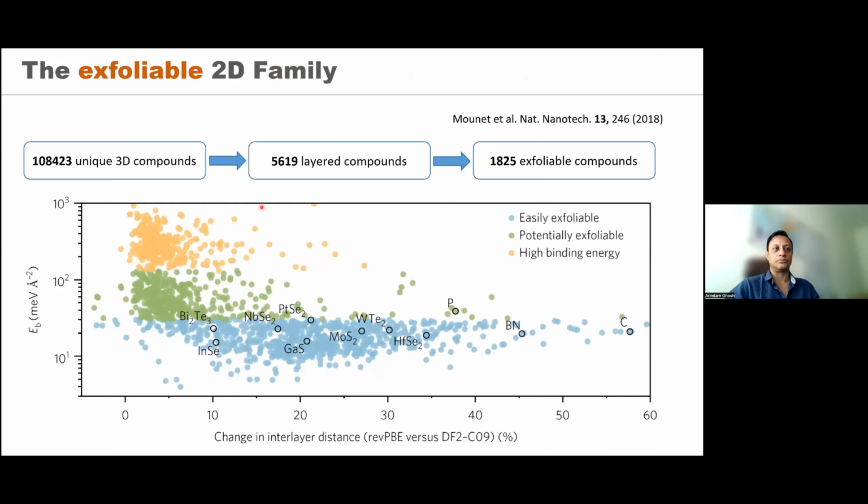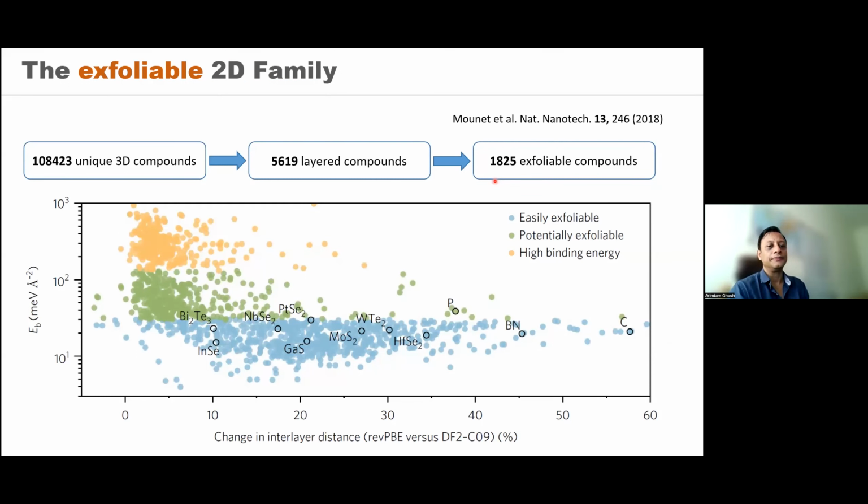So there are a large number of such materials in principle possible. You can see there are about 1,825 according to calculations. Of course, not all of them need to be stable, environmentally stable in particular, or on a surface.